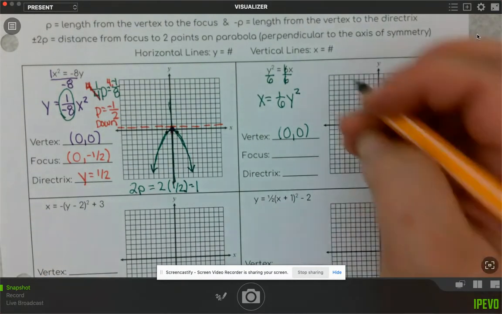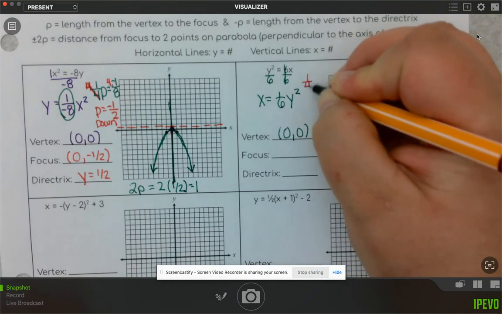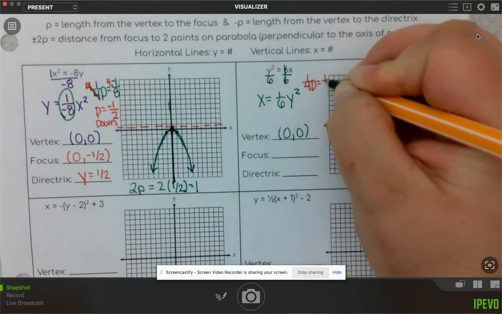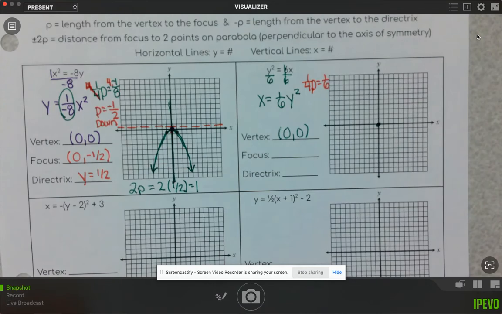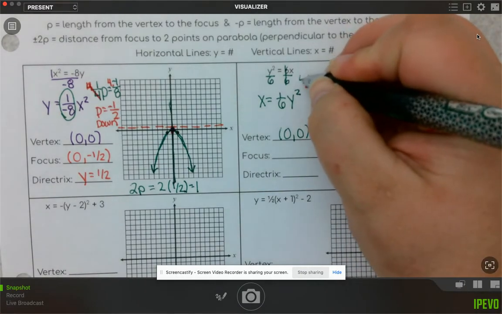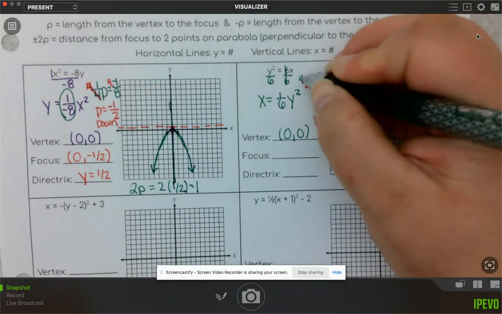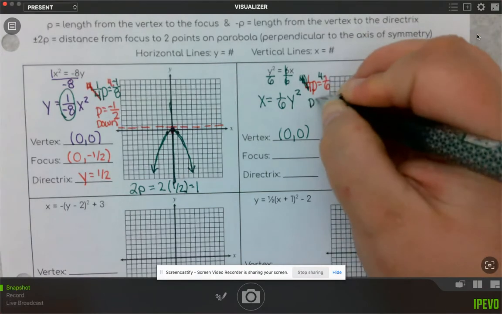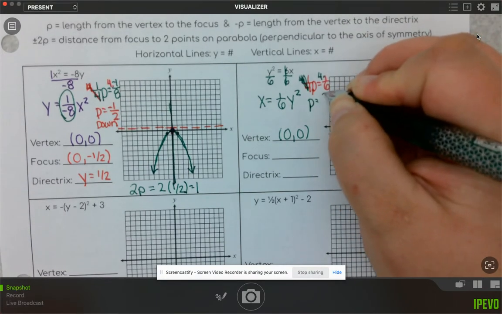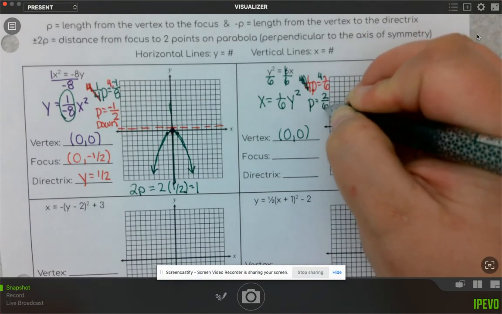And this time, 1/4 p equals 1/6. I'm still going to multiply by 4 to get p by itself. 4 out of 6, which is the same thing as 2/3.